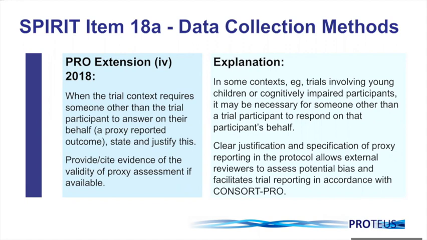What you need to do is clearly justify and specify the proxy reporting in the protocol, and this will allow external reviewers to assess potential bias and will also facilitate trial reporting in accordance with Consort Pro. You might also want to consider a period where both the proxy and the participant are completing the measure at the same time to help assess the levels of potential bias that may be incurred.